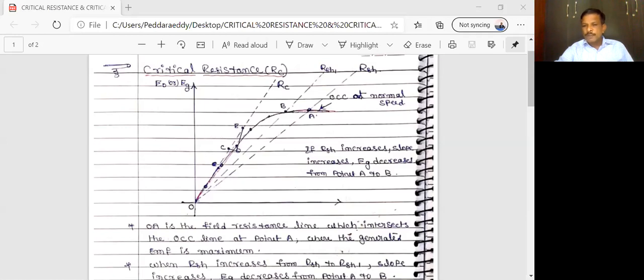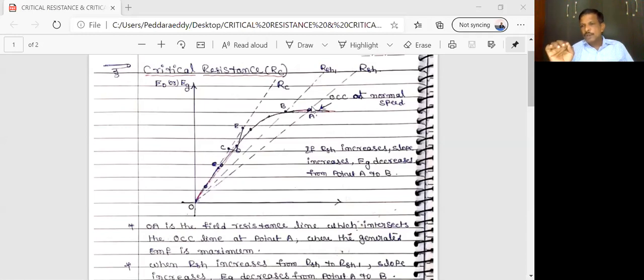For example, if the value of RSH is 200 ohms, based on that value we are going to draw one line. If you draw the line based on 200 ohms, the line touches the OCC curve at one point.